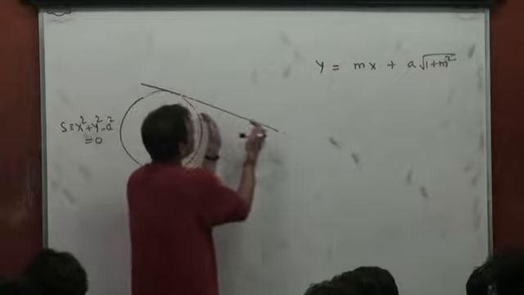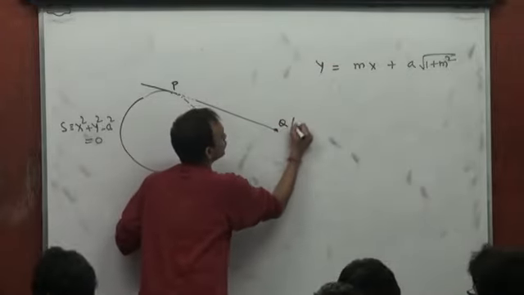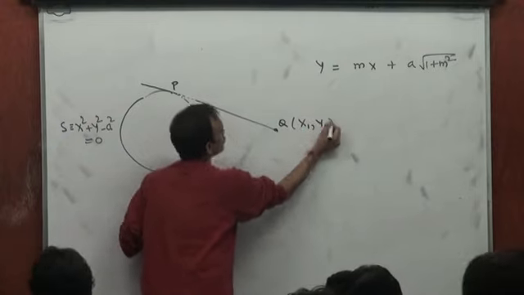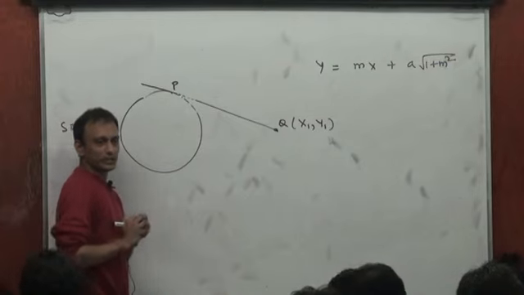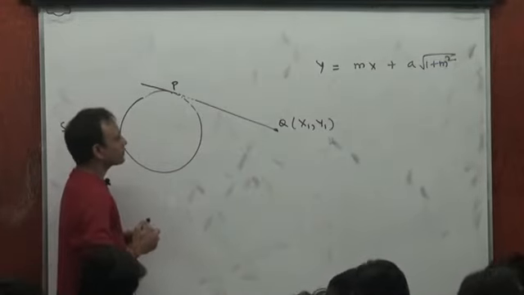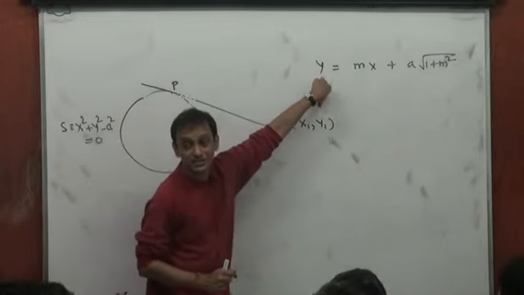Now say this tangent passes through a point Q, which is x1, y1. That means x1, y1 lies on the tangent.